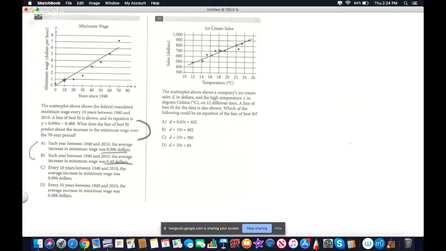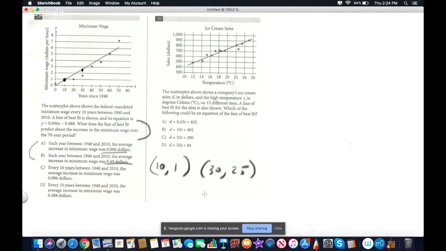If you caught some points here, maybe you call that 10 comma 1, and maybe 30 comma 2.5. And that's just the line of best fit. And you can see what the slope is there.